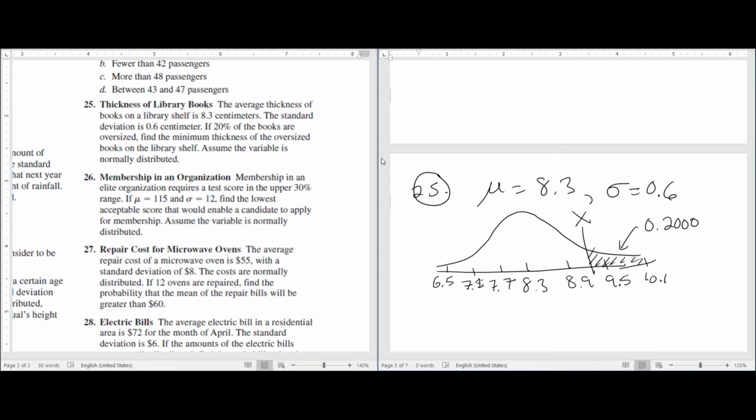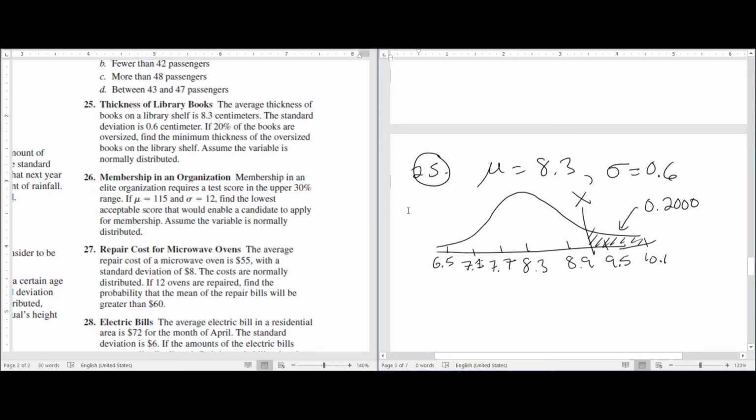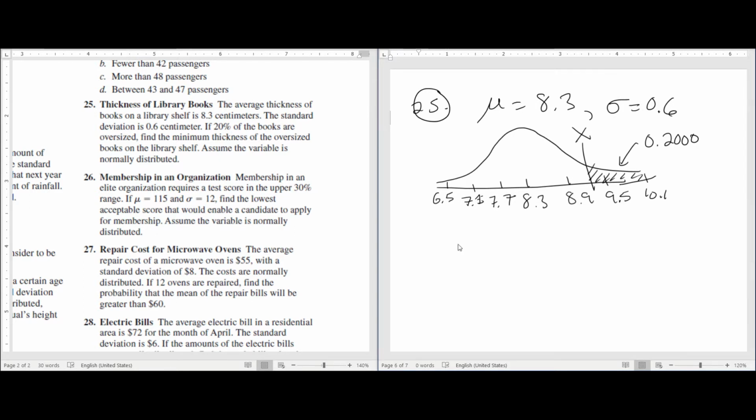So the area to the right of whatever x value is 20%. In order to find out what the x value is, we need to find the area to the left of it, because the table gives us the area to the left. So we need to do 1 minus 0.2000, and that gives us this side of the curve, which is 80%.